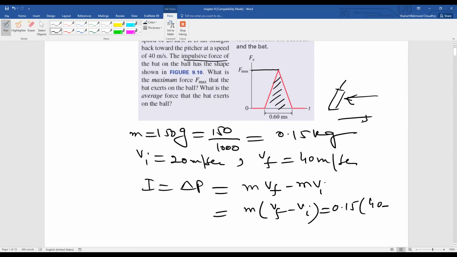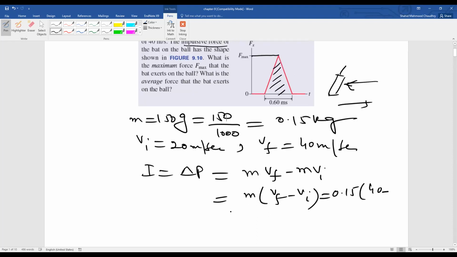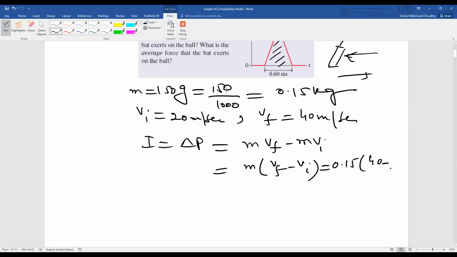Either the ball is striking this way or this way, the answer will remain just minus or plus, but we want to make this answer plus. So minus of minus 20, and this is equal to 0.15 times 60. When you multiply this, your answer will be 9 Newton second. This is our I value from this data.